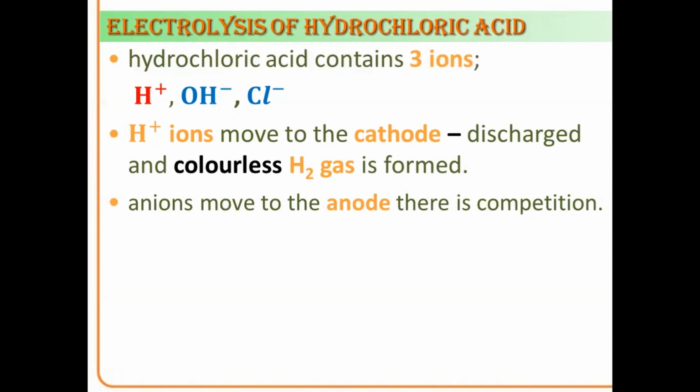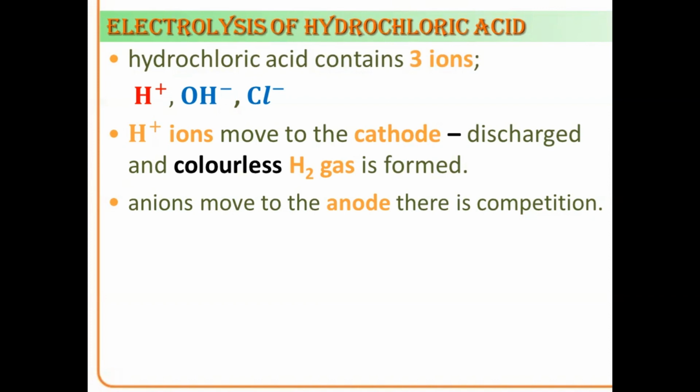Here, there is competition. Now, who is going to win the competition, the hydroxide or the chloride? The competition is going to be won by the ion, basically, that is present in higher concentration.